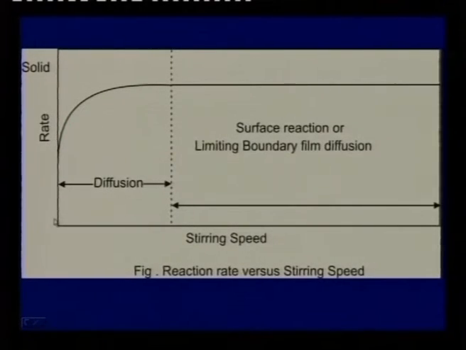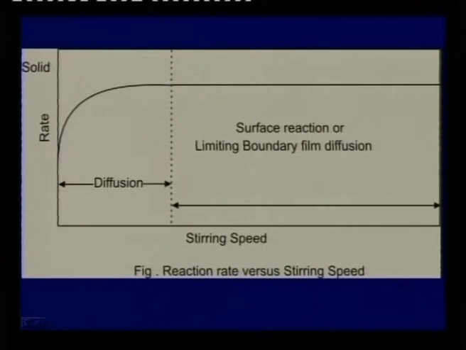We discussed this a little more from the kinetic point of view, that any leaching reaction can be expedited by stirring, because there is a concentration profile at the surface and there is a concept of boundary layer, where say 99% of the concentration change takes place. So, if you stir the solution, the boundary layer becomes thinner, and the concentration profile is made steeper as the stirring speed increases.